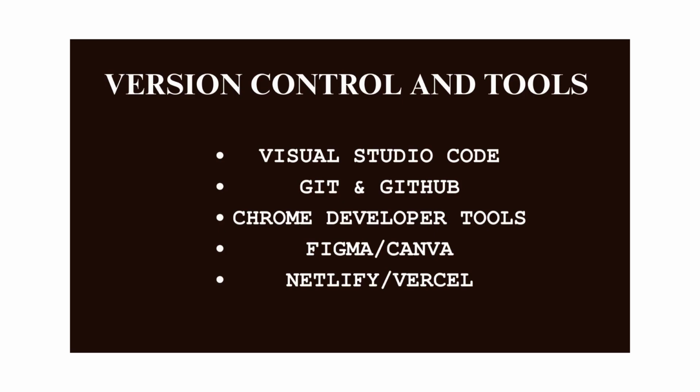It is used for analyzing, debugging, and optimizing your web applications, whereas Figma and Canva are used for designing user interfaces and creating visual assets effortlessly. Lastly, Netlify and Vercel. So these are used for hosting and deploying websites quickly with modern platforms.